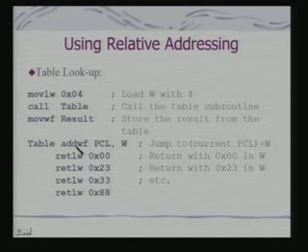Because here I am adding this content of W to PCL to index onto the table, and which content I am looking at is specified by this argument. So, if I change this value, I shall return from the subroutine by executing some other RETLW instruction. So, I shall return with a different value, and that is why this is implementing a table lookup operation.